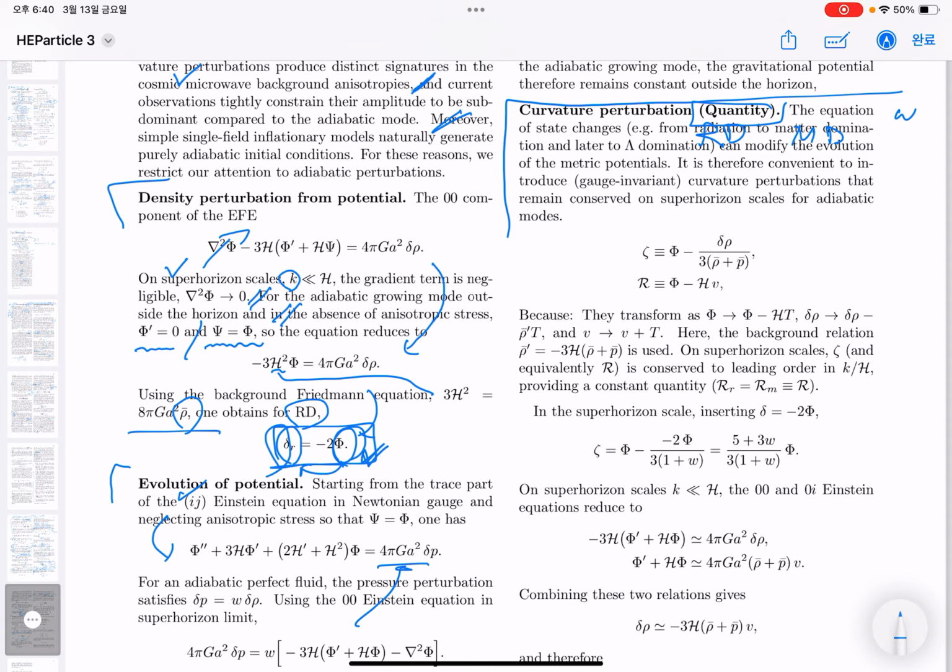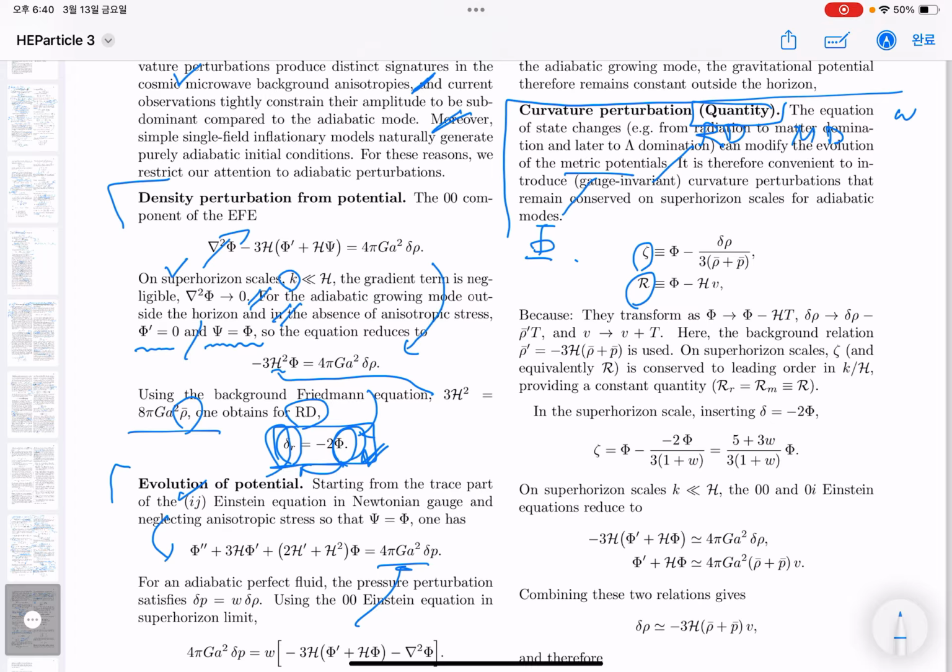And this modifies the evolution of the metric potential capital Pi. So we need to define the gauge invariant quantity, which is independent of the universe era. The gauge invariant quantities are the curvature perturbations, Xi and curly R.